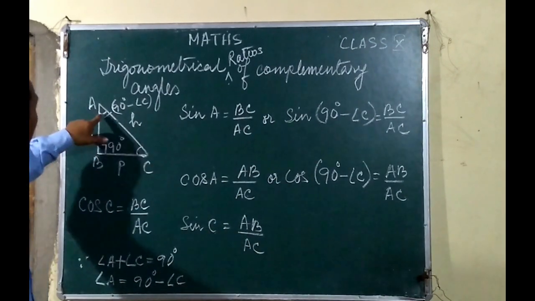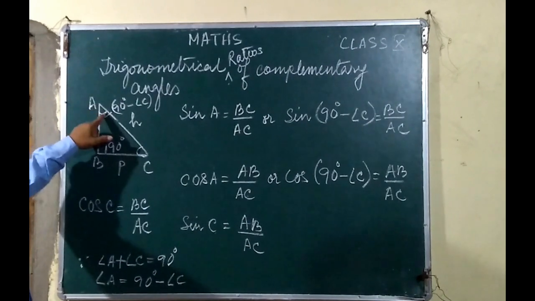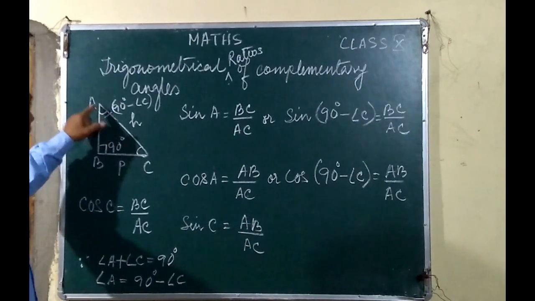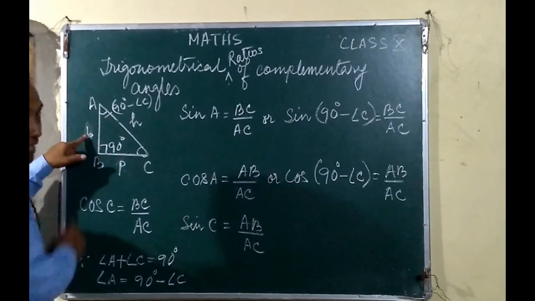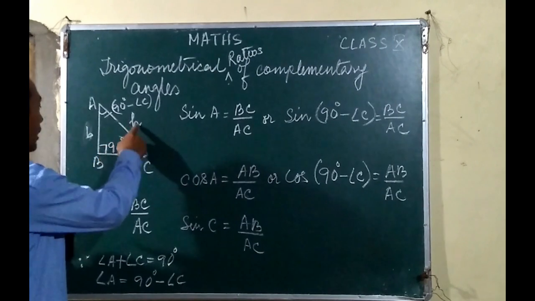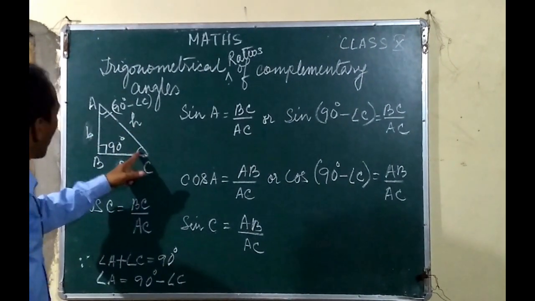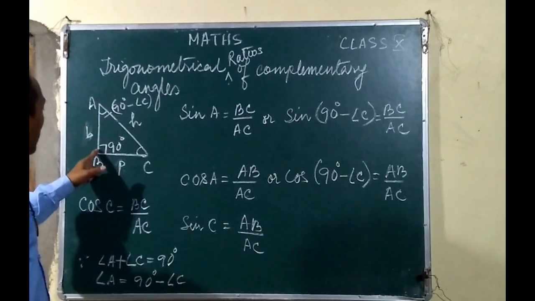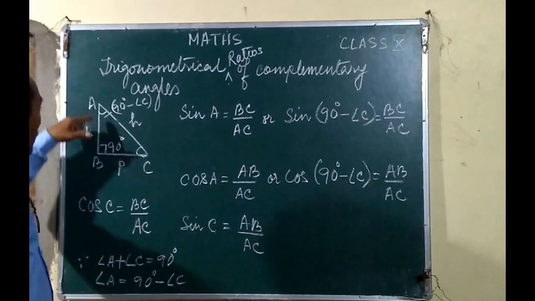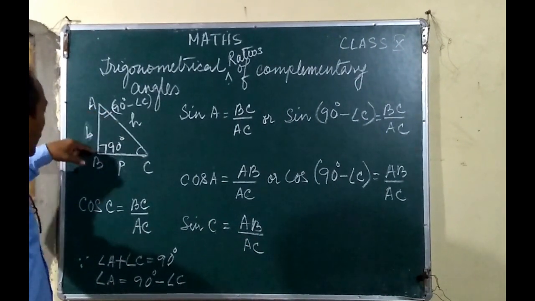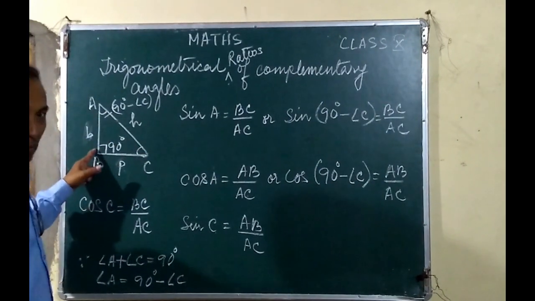Now if we measure this acute angle, angle A, then BC will be considered as perpendicular and AB will be considered as base.